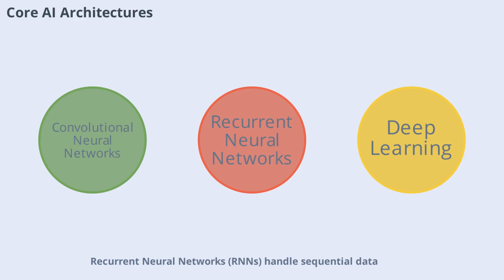Recurrent neural networks, RNNs, handle sequential data, tracking disease progression and treatment outcomes over time. Advanced algorithms segment 3D cone beam CT datasets, isolating anatomical structures for surgical planning. These architectures underpin the diverse clinical applications of AI in dental radiology.